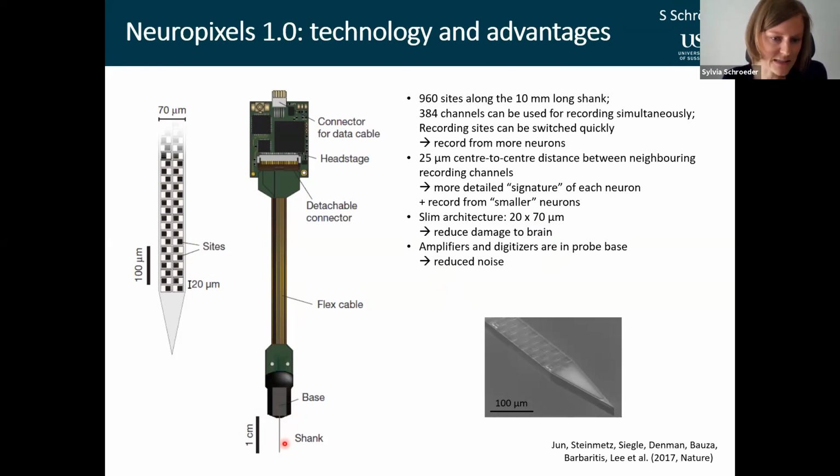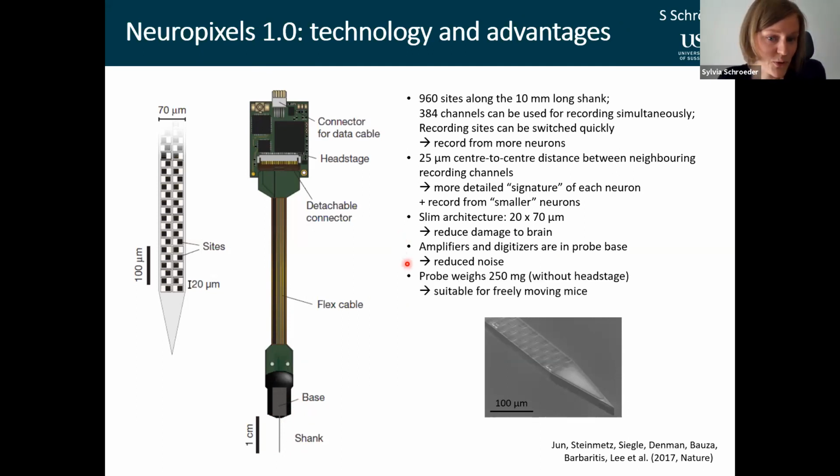This means the analog signal has to travel only a very small distance before it's digitized. This means only there noise can be recorded. Once it's digitized, your data is safe. You only need to transmit ones and zeros to record on your computer. So that reduces noise a lot.